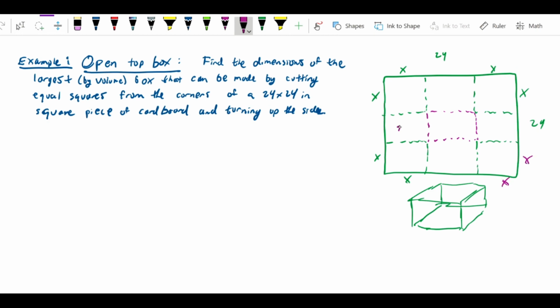So the bottom of the box is going to be 24 minus 2x by 24 minus 2x. In other words, we subtract x twice from the 24-inch side, thereby getting the length of this purple side, and the same in the vertical direction. And then the sides of the box are just going to be these dotted green lines of length x.